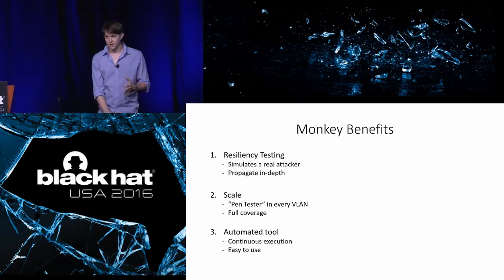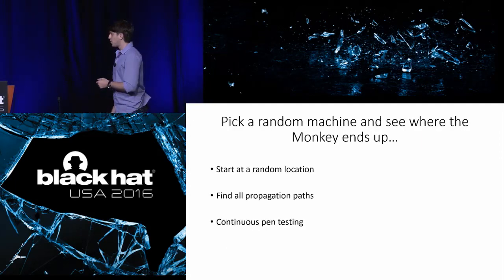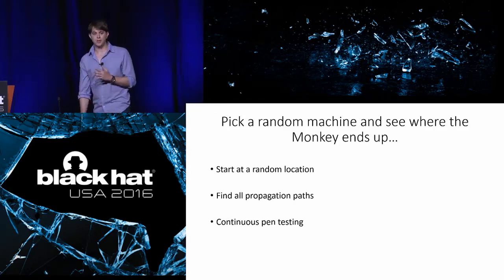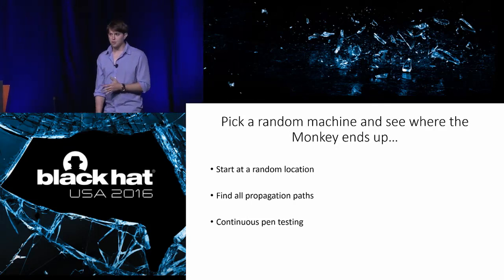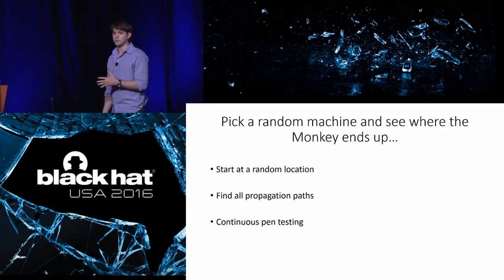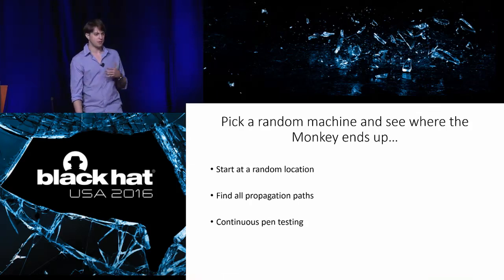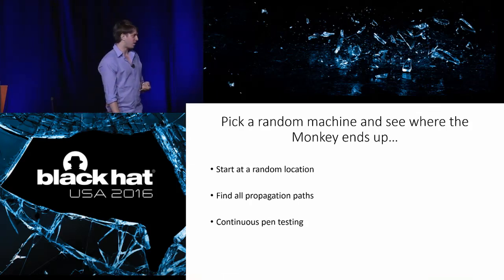Plus, it runs automatically. So the Monkey's approach is very simple and based on picking a random machine in the network, finding all possible propagation routes, and repeat it over and over until we cover everything.